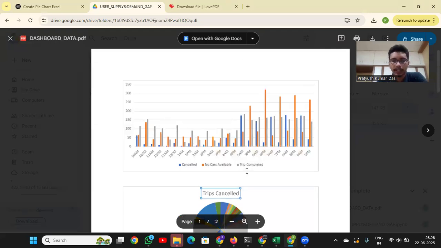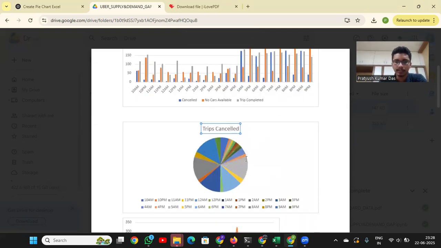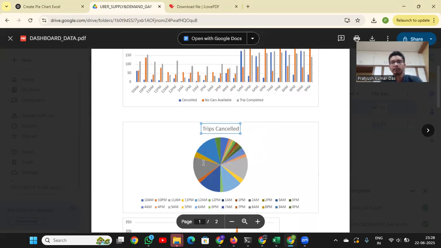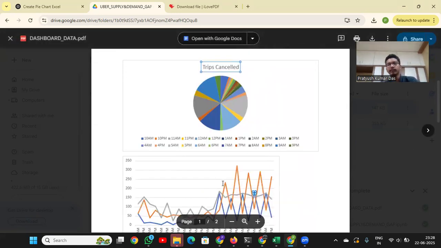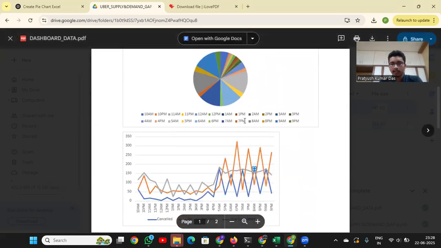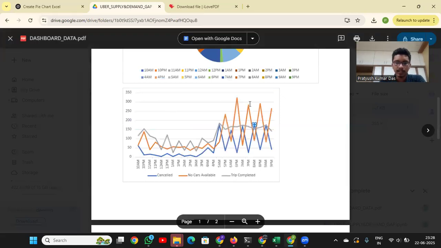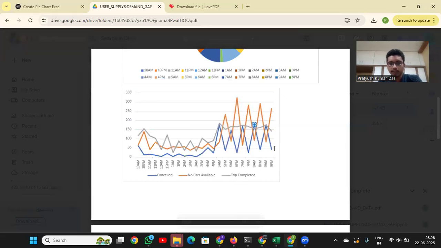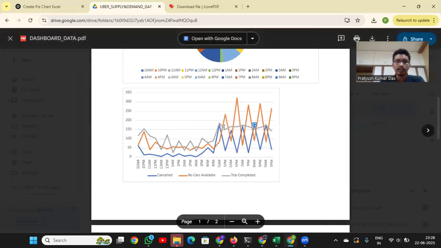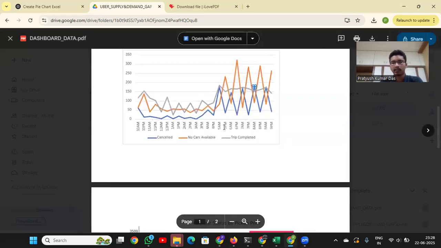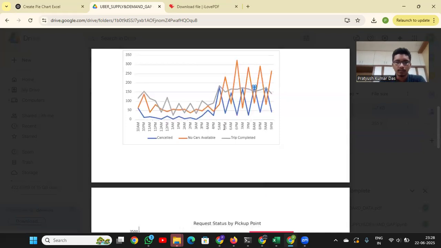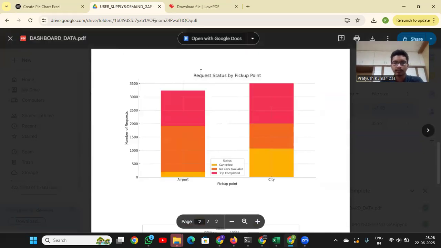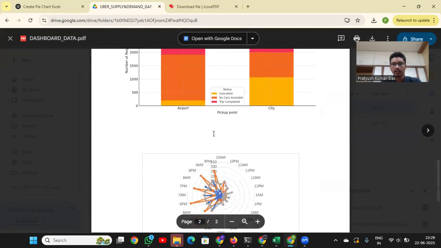This is my dashboard data, which is a representation of the Jupyter notebook that I had done. This represents the cancelled trips percentages across the different timelines, and also a triangular wave plot where we have the cancelled trips versus the unavailability, and the completed trips. We also have this request status by the pickup point graph too.